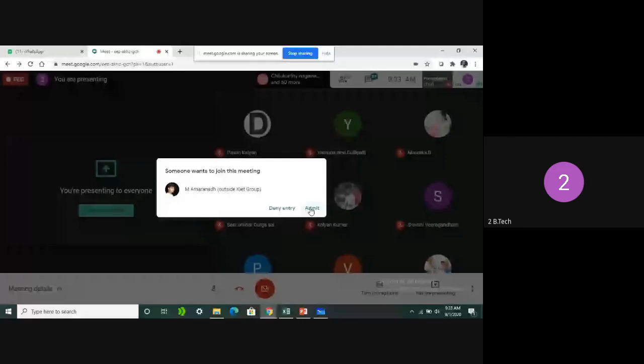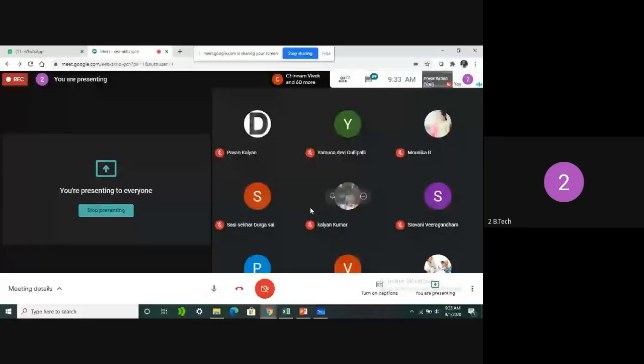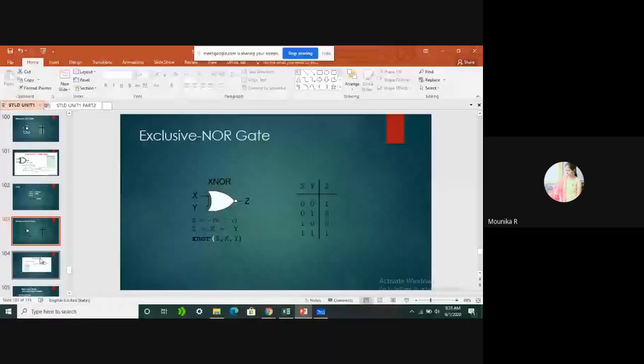Okay, we can see one more logic gate, which is entirely opposite to our exclusive OR gate. That gate is nothing but the XNOR gate, called exclusive NOR. So here, if both are 0, then the output is 1. If both are the same, then only the output is high.